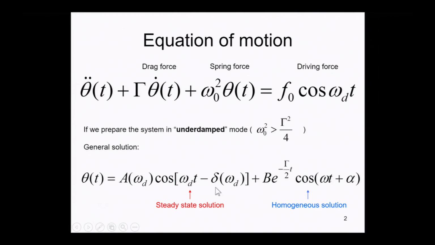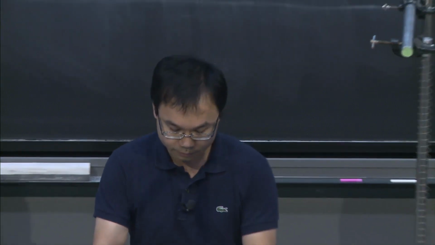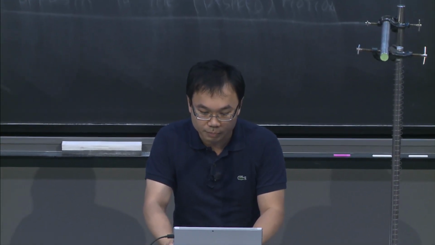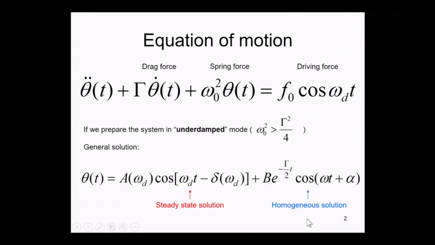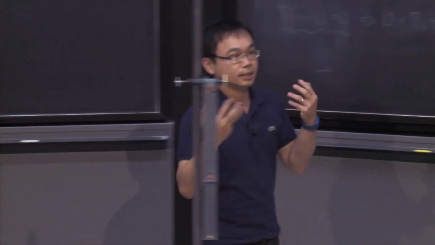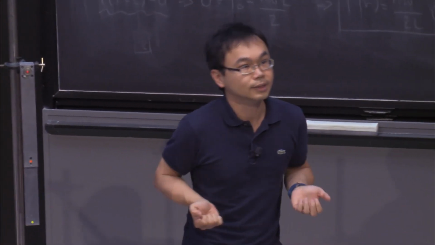Delta, which is the phase, is also determined by omega_d. There's no free parameter. And in order to make it the full solution, we have to add this homogeneous solution back in. And basically, you have B and alpha. Those are the free parameters, which can be determined by the given initial conditions.